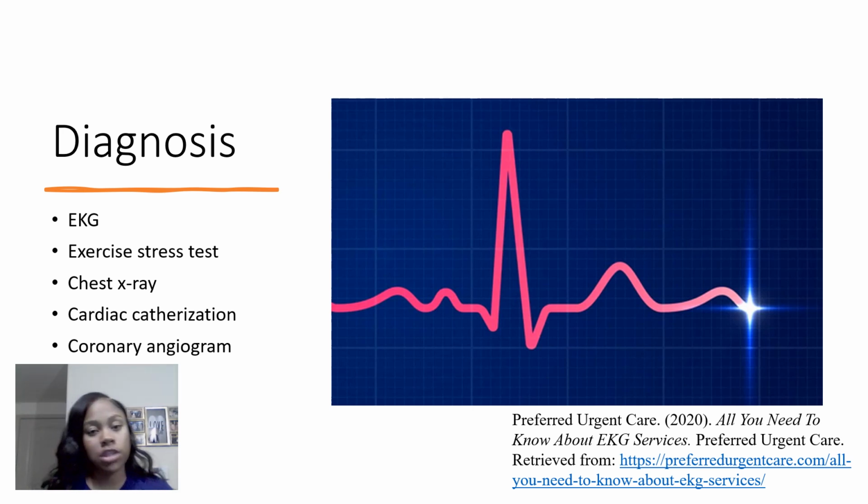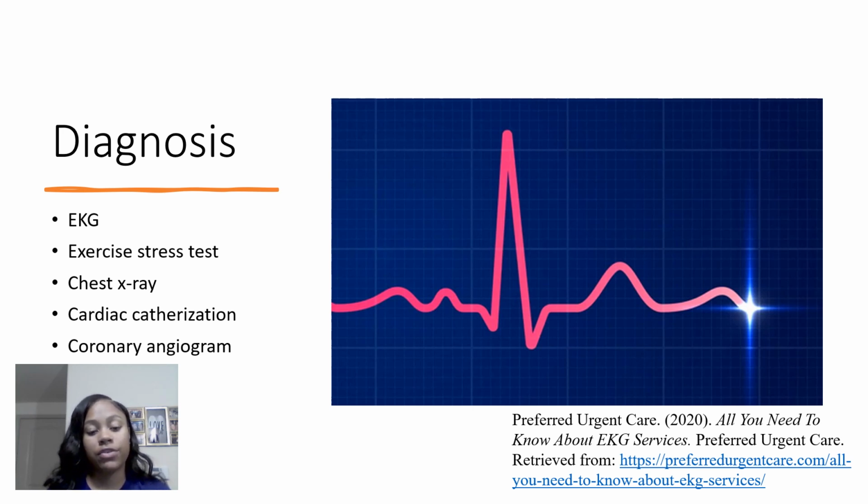They'll speed you up and slow you down and just see if your heart is pumping efficiently. A chest X-ray basically just takes a picture of your heart, lungs, and the other organs in your chest so that they can see what's going on in there.